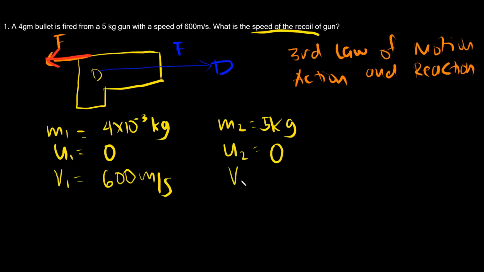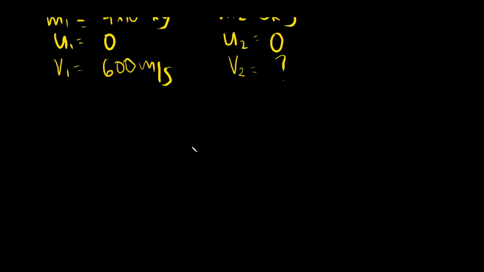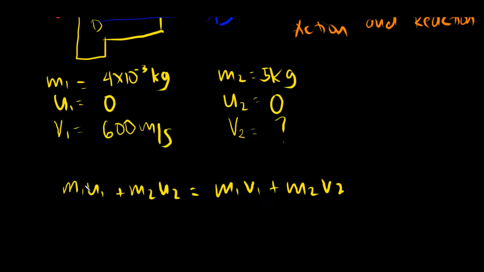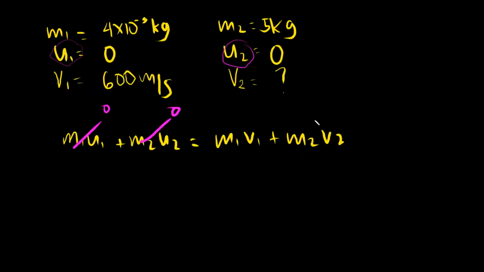Now, the final velocity of the gun is what we are looking for, which is also the speed of the recoil of the gun. Now, applying the law of conservation of momentum, we have m1 u1 plus m2 u2 is equal to m1 v1 plus m2 v2. So, substituting, you have 0 and 0, because the initial velocities are 0.